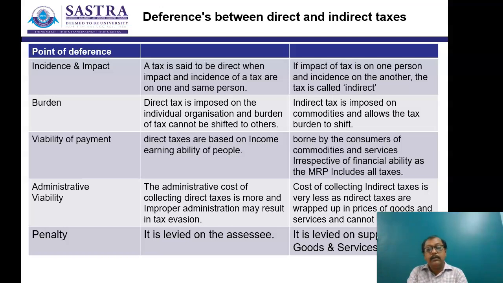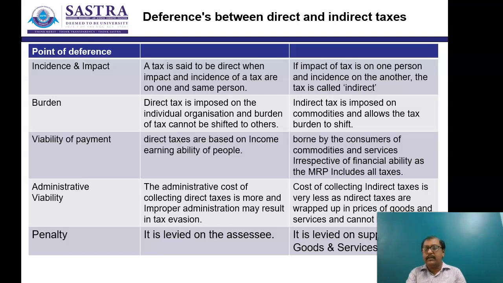And both kinds of taxes levy a penalty on the assessee. But what makes the difference is that it is levied on the assessee directly in case of the direct tax system, but in case of an indirect tax, the consumer will not be penalized, but the supplier of the goods and services will be penalized.